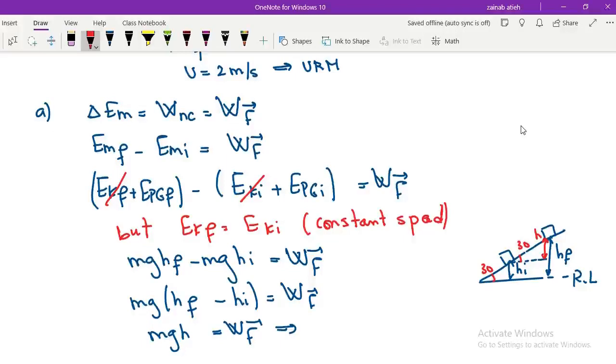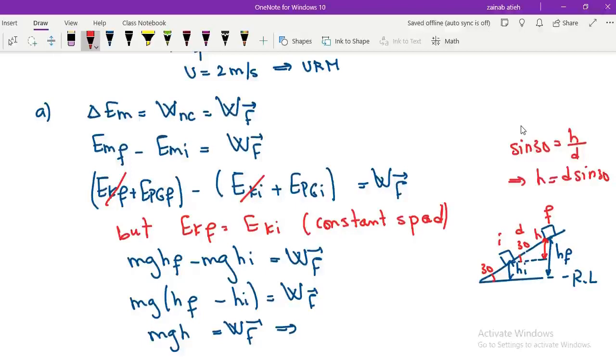They are corresponding. I will call this distance d, the distance traveled by the skier from initial to final position. So sine 30 equals h over d, which implies h equals d sine 30.